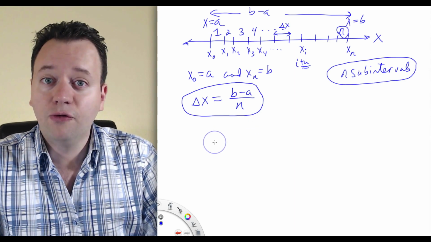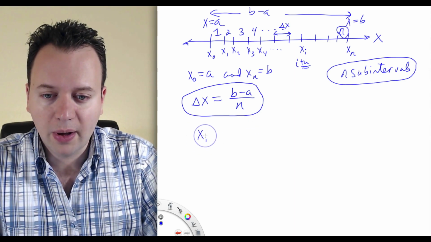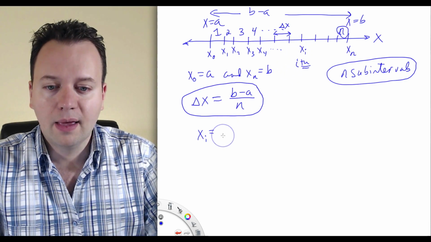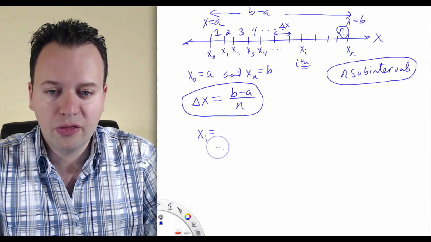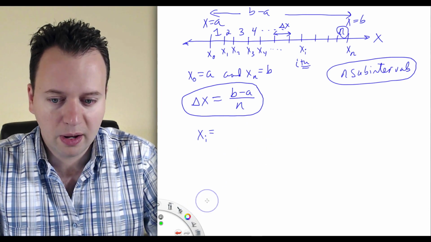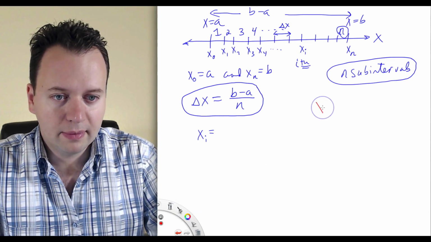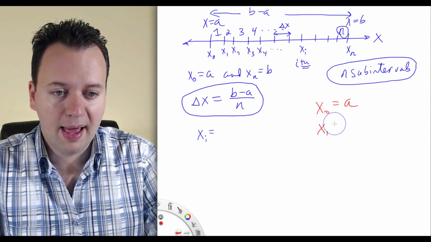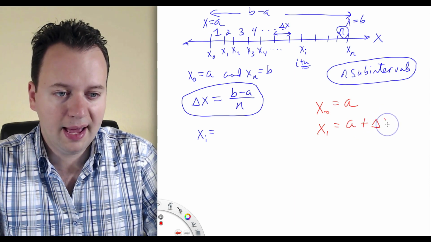So now we need a formula for x sub i. So x sub i is basically where my ith notch is. Before we write this down, let's think about some special cases. x sub 0 should equal a. x sub 1 should be a plus delta x, right?